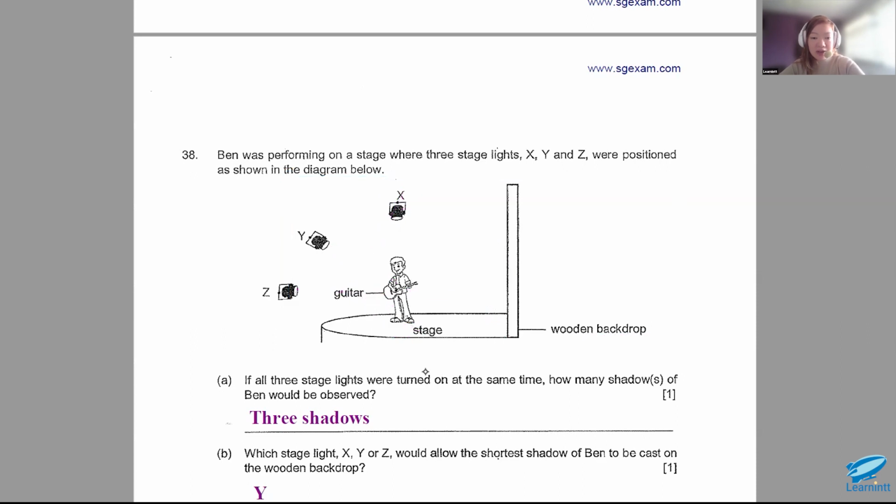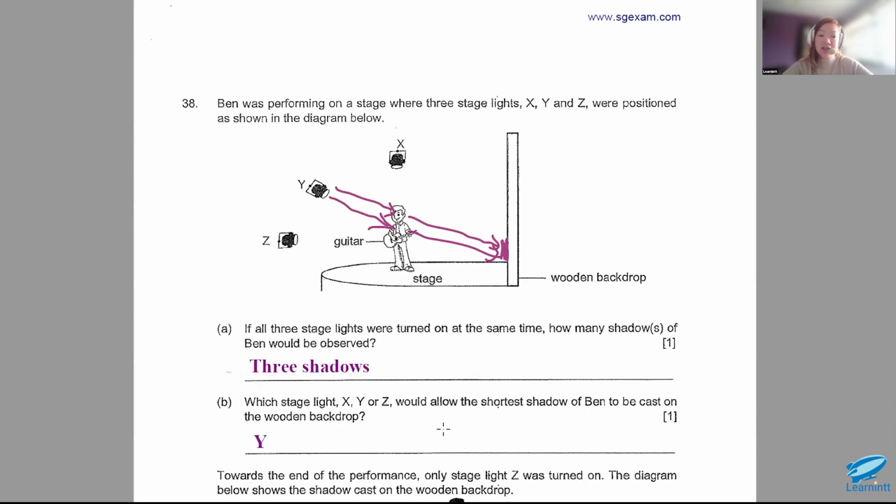If I were to just have Y, the shadow would be like this only. So between Y and Z, the shorter shadow would be Y, or rather the shortest one. So the answer is Y. For figuring this out, drawing out your science working is half, writing the correct one is half. Altogether 1 mark.